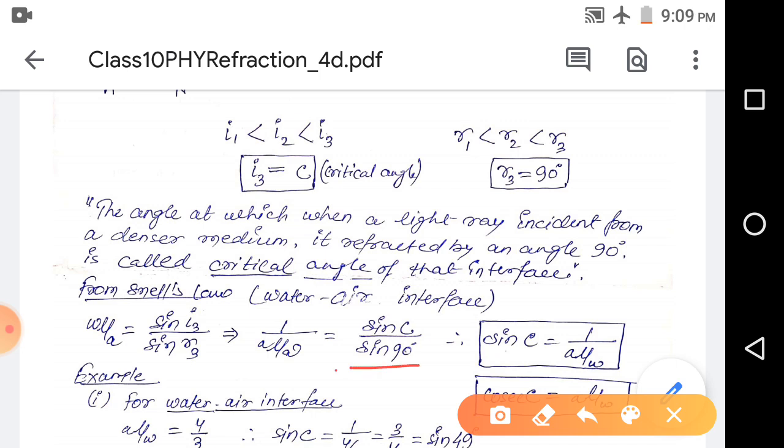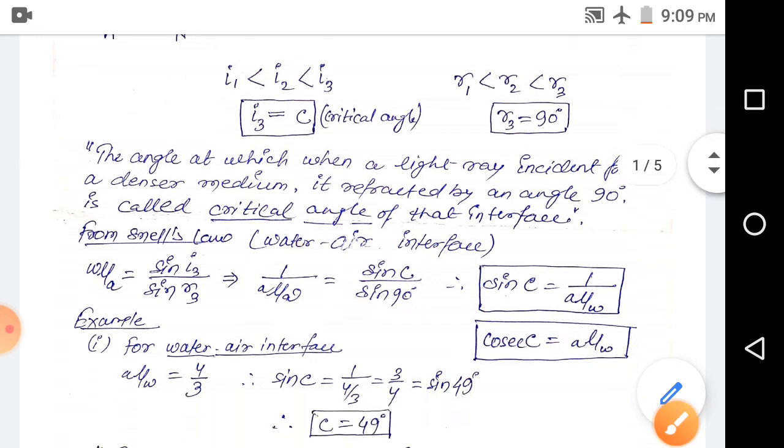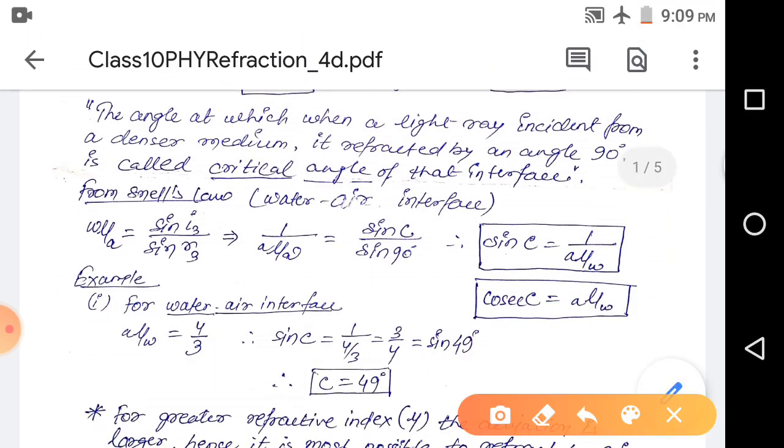You know that sine 90 degrees is 1, so we have only sine C here, and we have the formula sine C equals 1 by aμw, and this is the formula for critical angle. We can use this formula to find out the critical angle of a given interface.